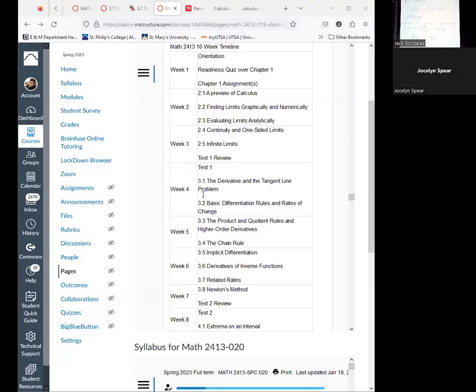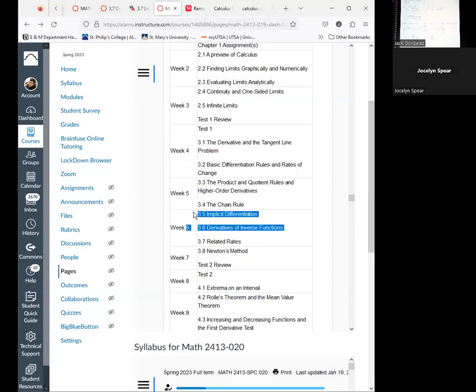So we're on week 6. We've done these two today. I feel like you understood pretty well. 3.7 is going to use the implicit ideas, but in general terms, instead of doing it with respect to x, it's going to do it with respect to time, because it's going to be like real life problems.